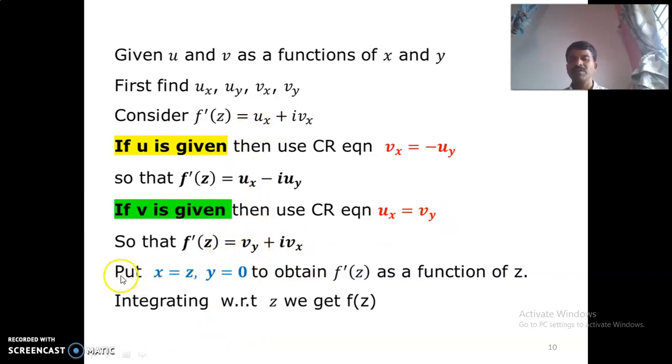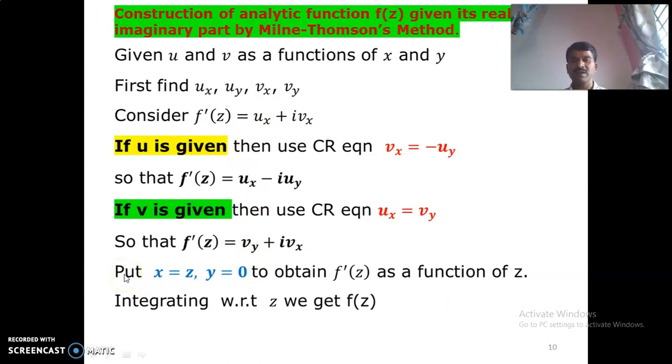And finally you can make use of the Milne-Thomson method: x replaced by z in the given derivative and y replaced by 0 in that relation.